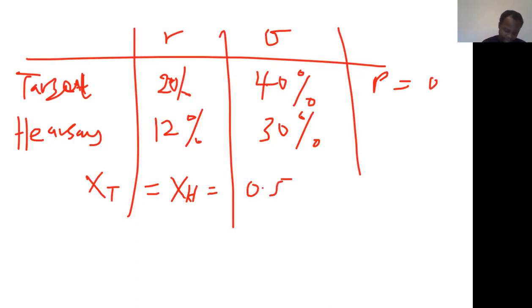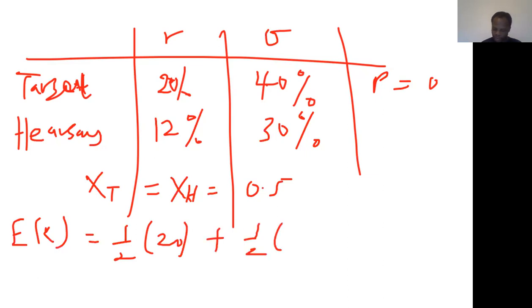Then I can write my expected return on the portfolio as half multiplied by 20 plus half multiplied by 12. 20 plus 12 divided by 2 is 16, so that gives you 16%. The next question is the volatility. Once we know this, let's calculate the volatility too. So we are looking for the volatility.